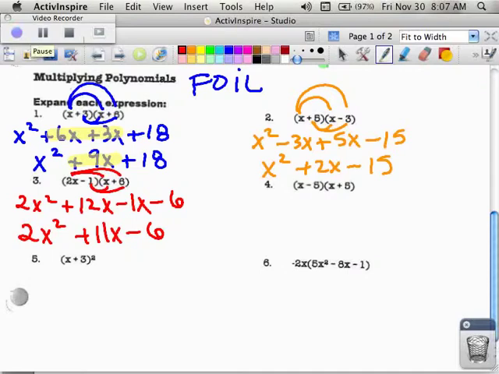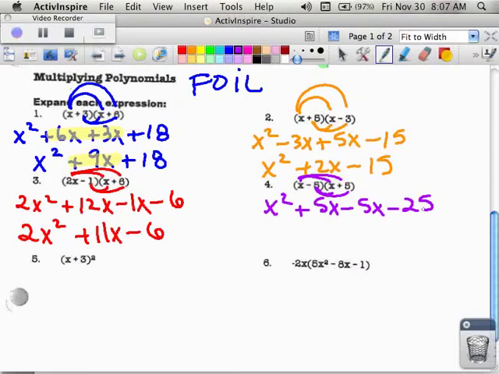In the next one, something really interesting happens as we go about our process here. The x times the x produces the x squared as usual. X times positive 5 is positive 5x. Negative 5 times x is negative 5x. And negative 5 times 5 is negative 25.